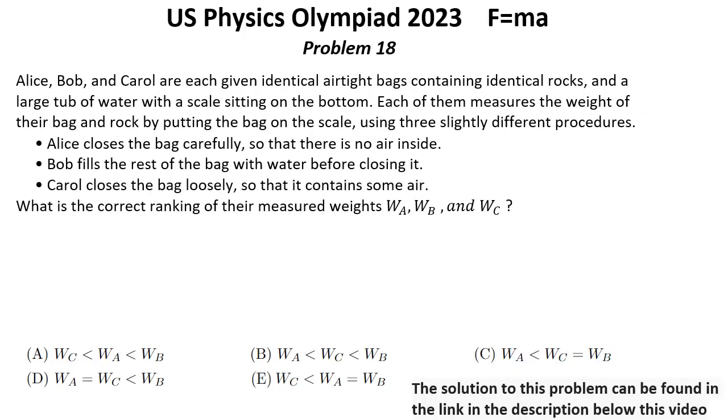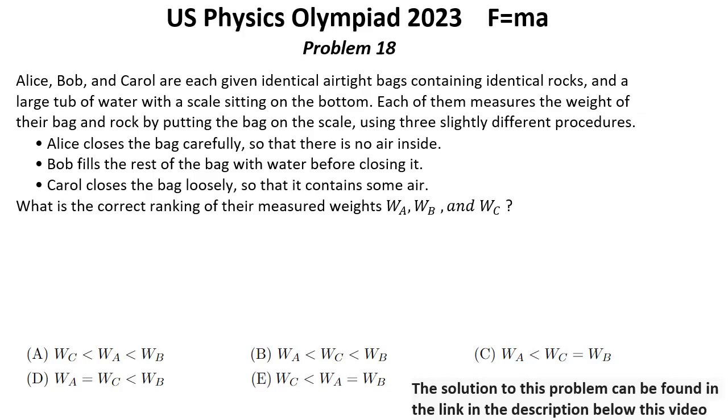Problem 18. Alice, Bob and Carol are each given identical airtight bags containing identical rocks and a large tube of water with a scale sitting on the bottom. Each of them measures the weight of their bag and rock by putting the bag on the scale, using three slightly different procedures.